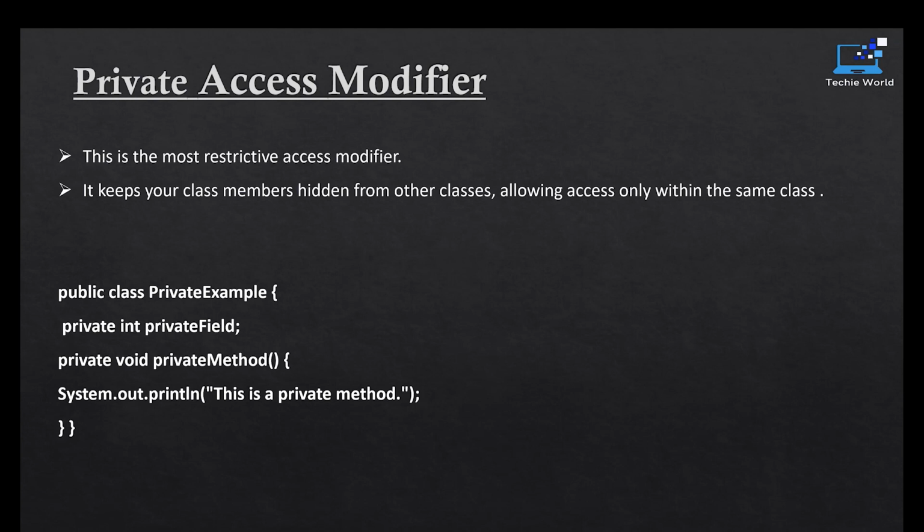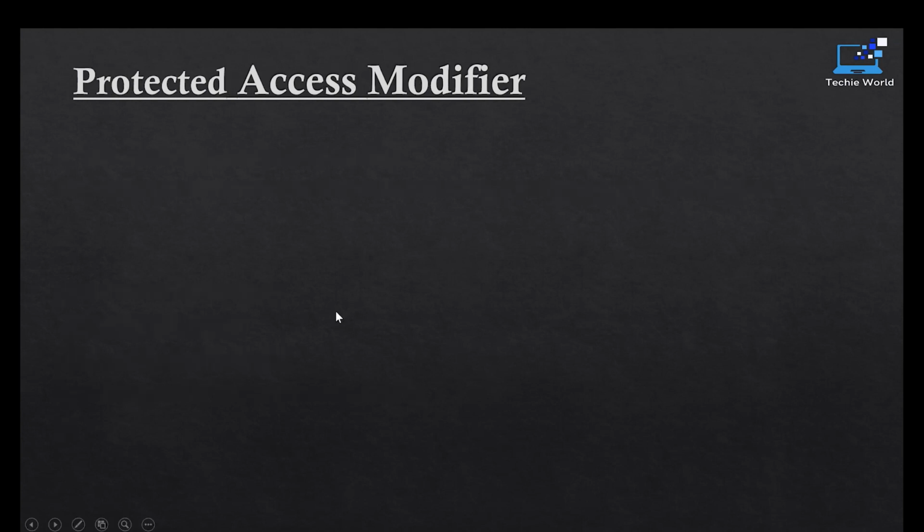Okay. Now let us move to the third access modifier, that is called protected. The protected access modifier actually falls between the public and the private. It is neither the most permissive as public is, nor the most restrictive as private is. It's like a compromise between public and private. Protected members can be accessed within the same package and by subclasses, regardless of whether they are in the same or different packages.